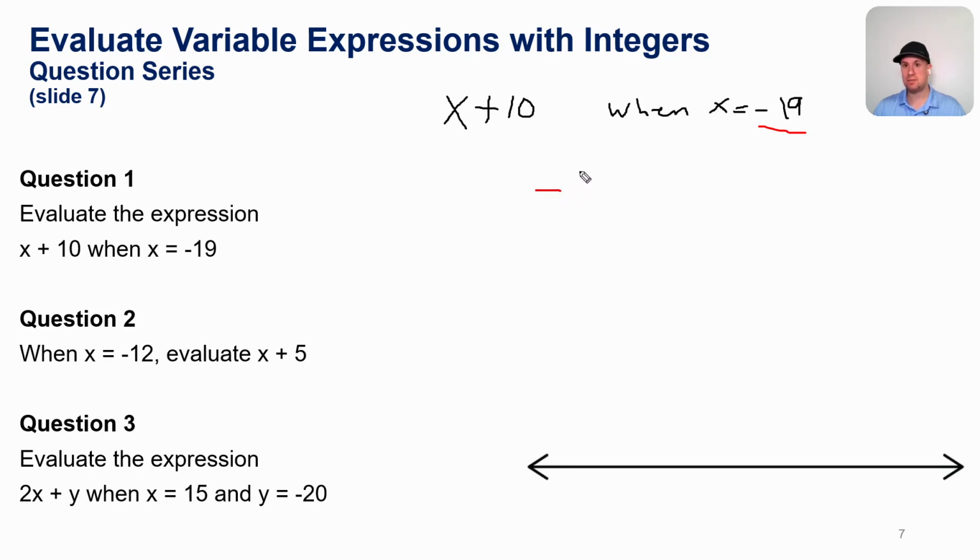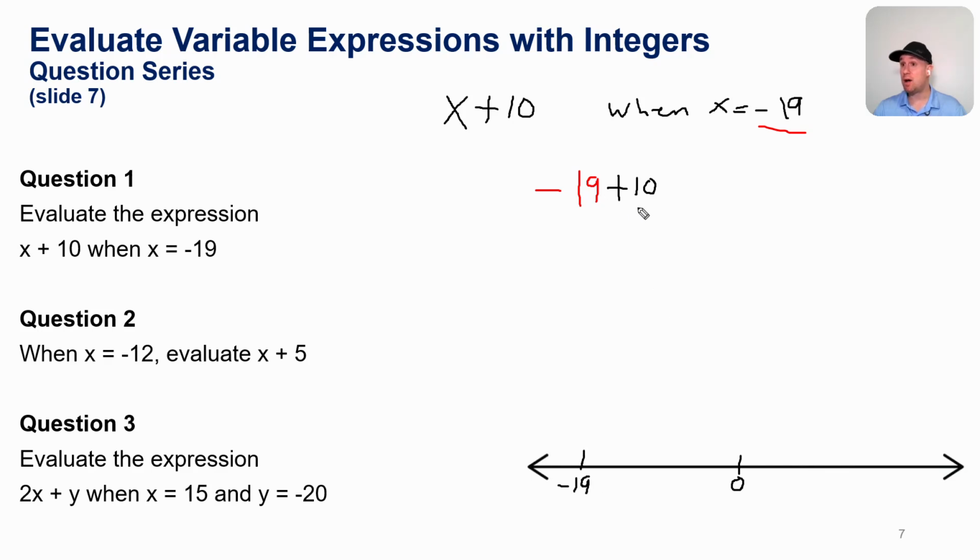So this now becomes -19. I've replaced the x variable, plus a number 10. From here, we're following the same process that we did in the previous problems where we simplified expressions. So in this case, we start at -19 on the negative side of the number line.